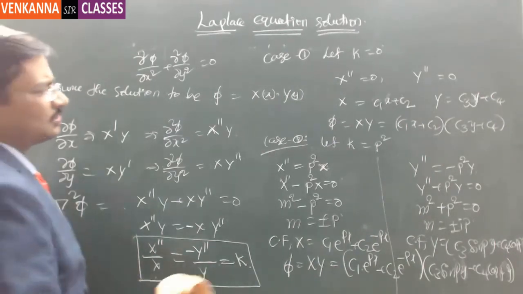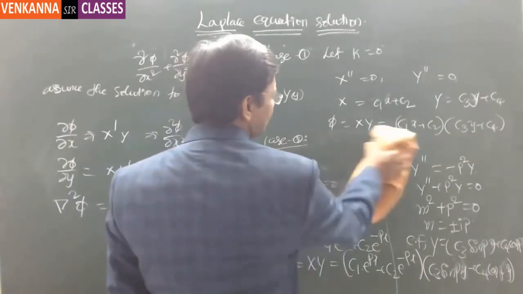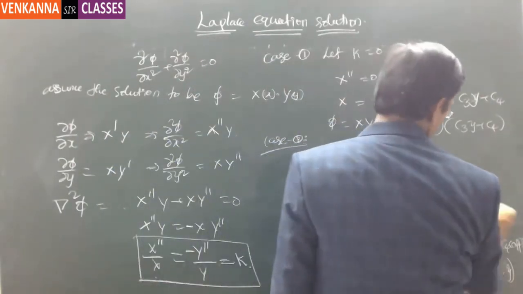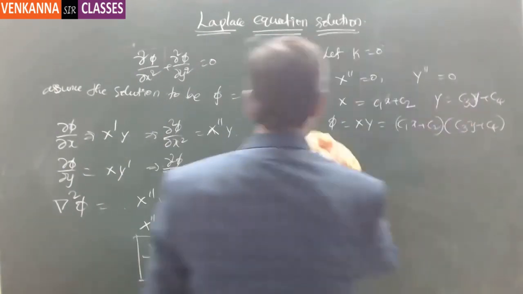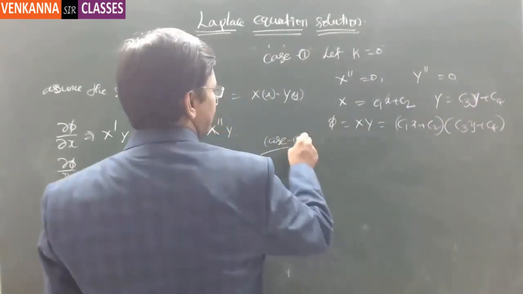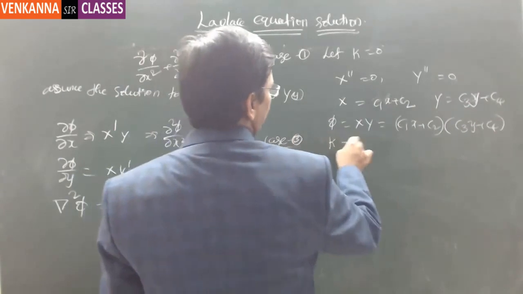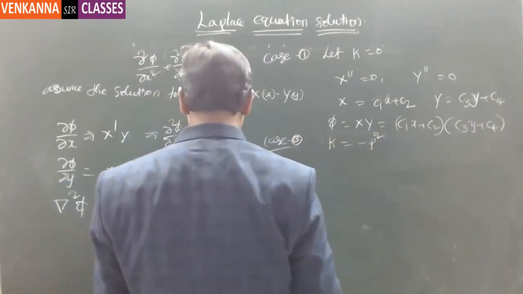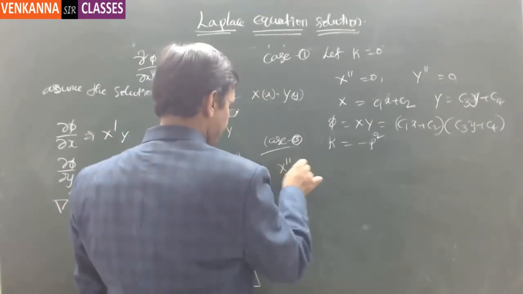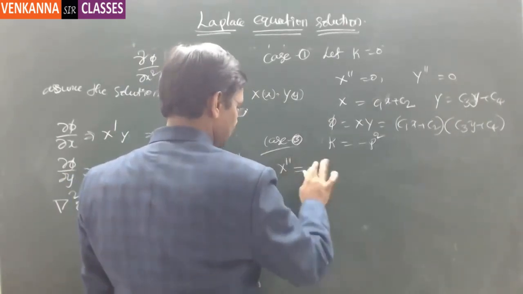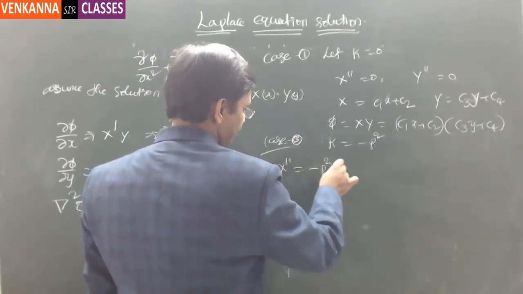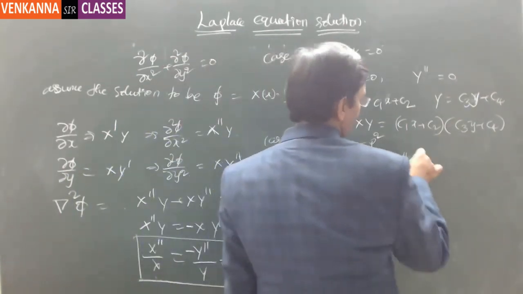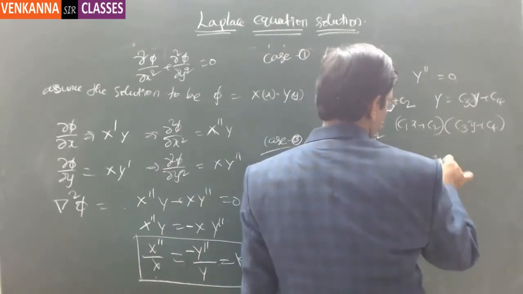Now if you take case 3, then this is going to be minus p square. So in case 3, k is equal to minus p square, then x double dash is equal to minus p square x and y double dash equal to p square y.